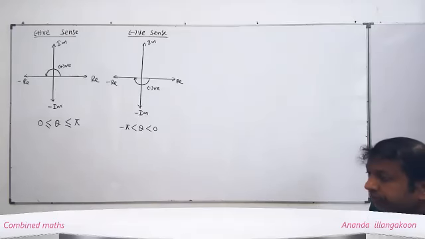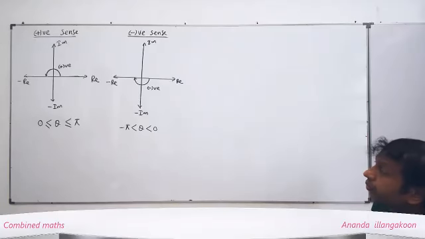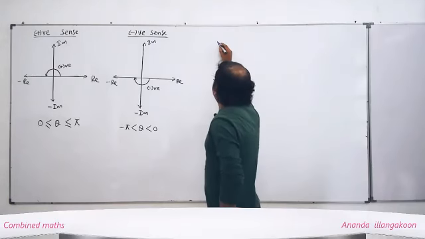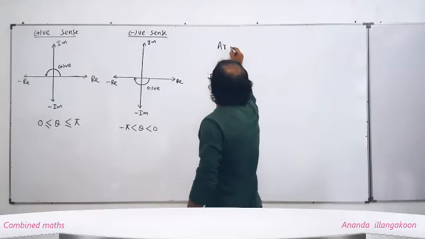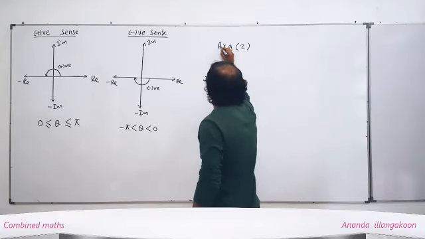Write down: if the argument of the complex number z lies in the principal range, then it is written as Arg z. We use the capital letter.